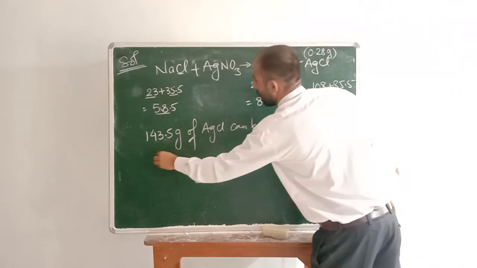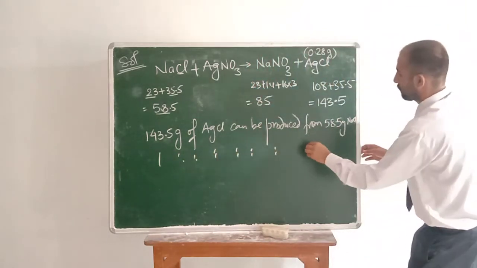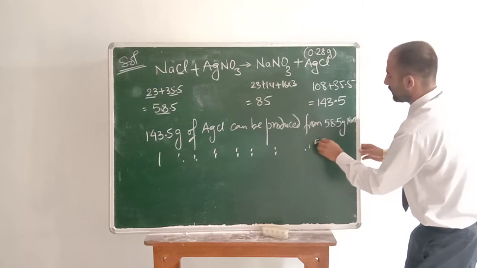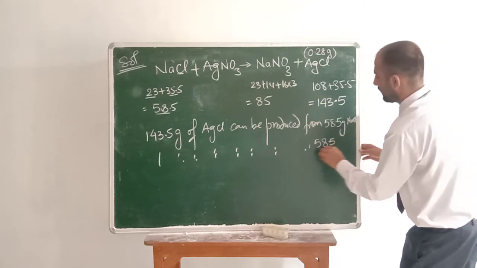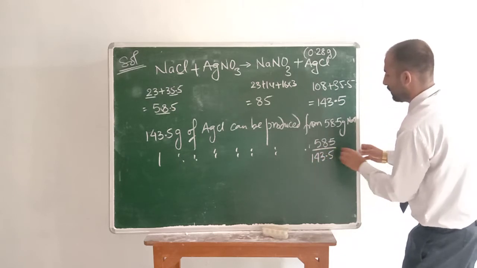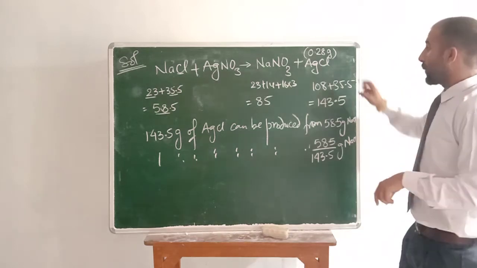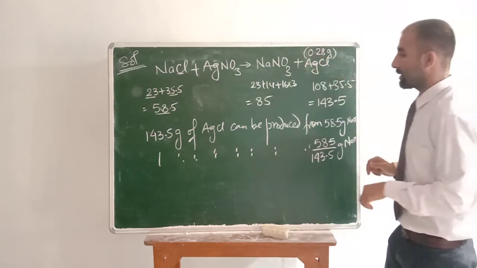That means 1 gram of silver chloride can be produced from 58.5 divided by 143.5 gram of NaCl. Now we are given 0.28 gram, isn't it?